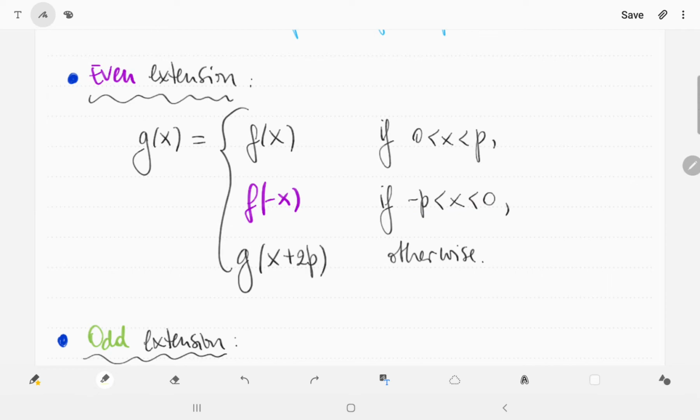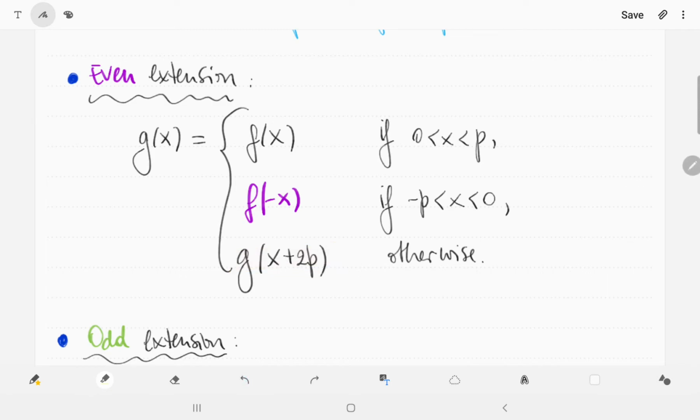And then we need a periodic function to have a Fourier representation, so we have only to repeat this function outside the interval (-p, p), whose length is 2p.